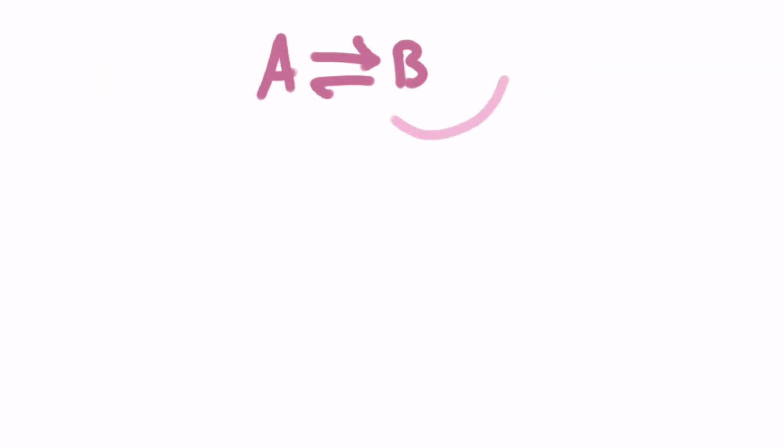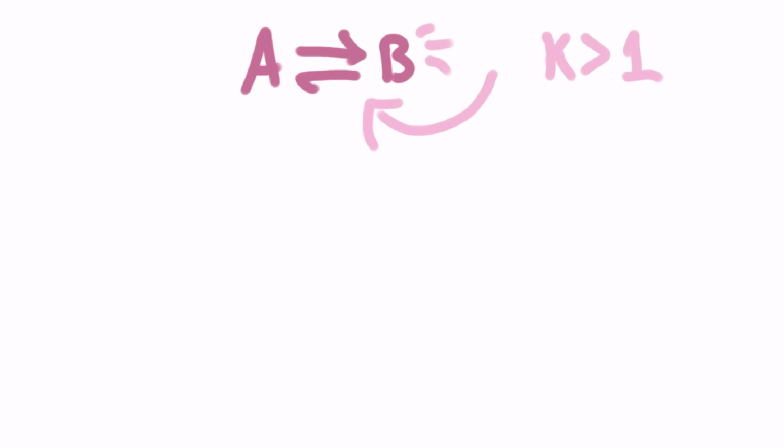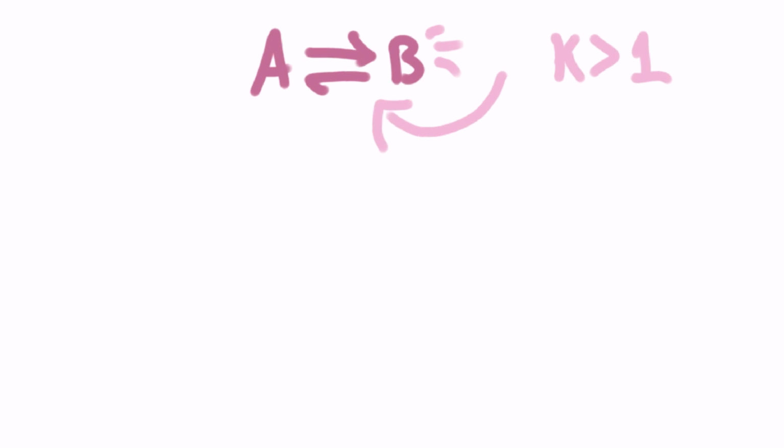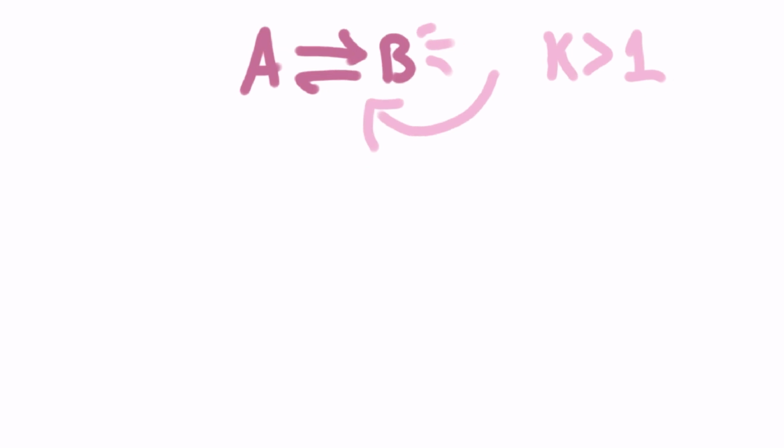Okay, so let's say we have the following reaction. In this reaction, K is greater than 1, which means that products are being favored. However, we don't want to favor products, we want to favor reactants. Now, what is something else that we can do other than change temperature to favor reactants?